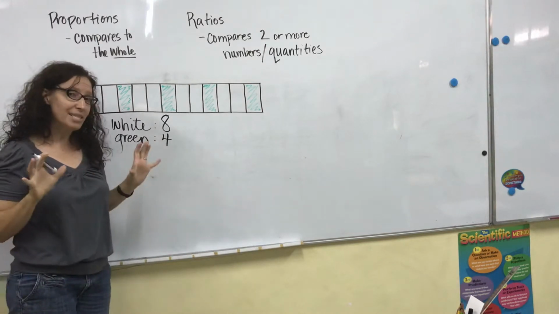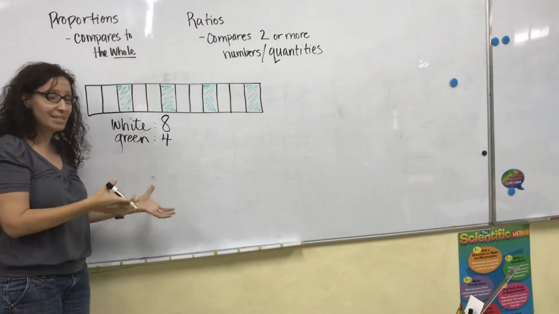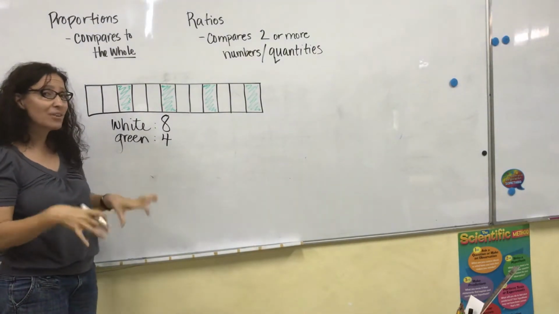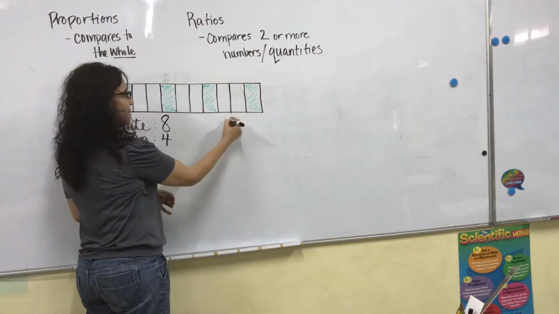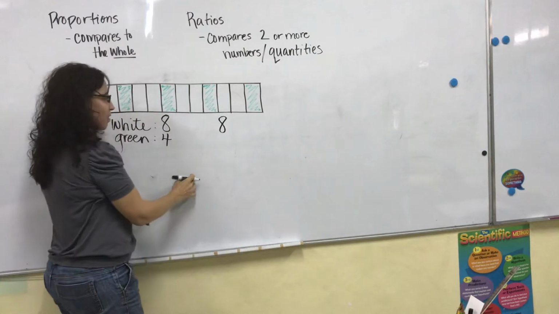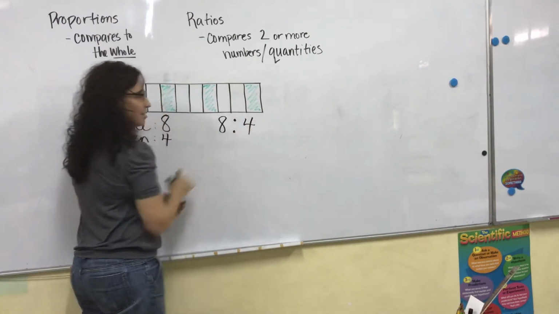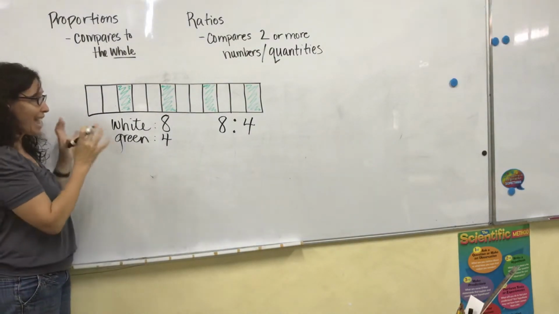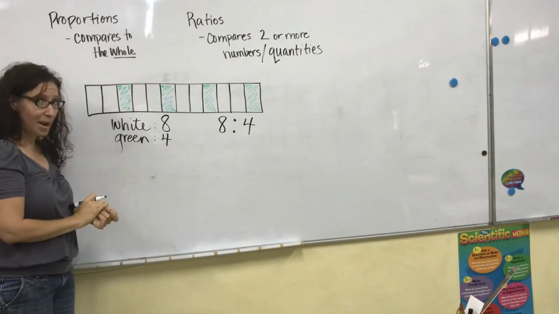Now, if we wanted to write some ratios, let's say I want to write the ratio of white to green. So how many white ones compared to how many green ones? To do that, I would say there are 8 white to every 4 greens. So every time there are 8 white ones, there are going to be 4 green ones, right?